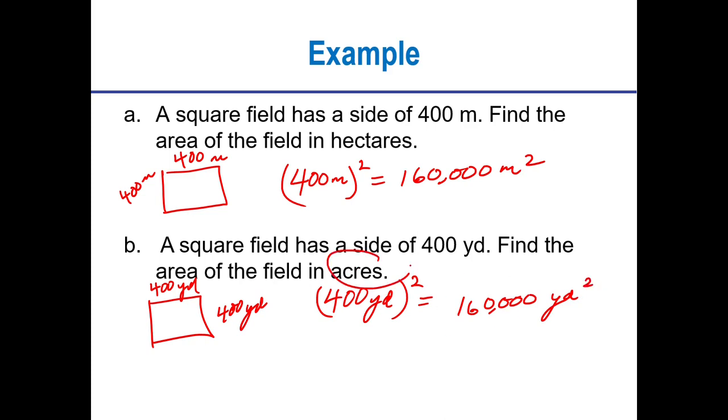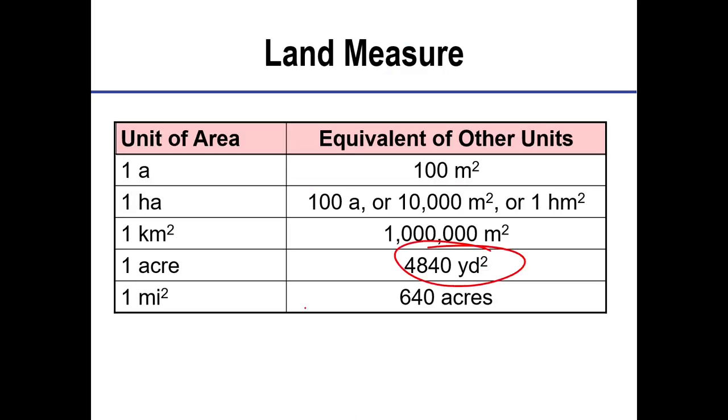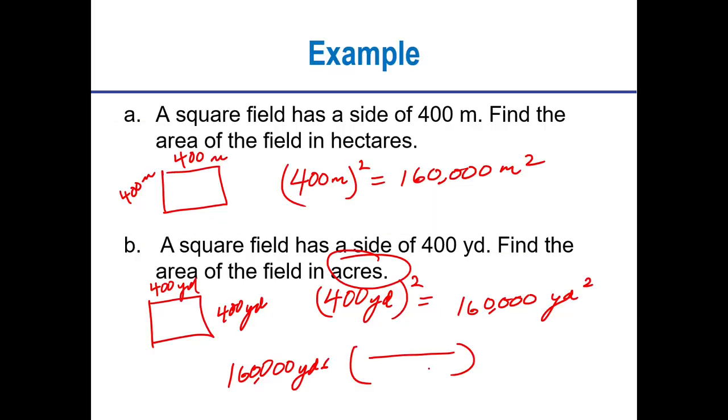But the question wants the area to be in terms of acres. We'll have to multiply 160,000 square yards by our conversion, and for that we'll go to our table. We know that 1 acre is equivalent to 4,840 square yards. So we'll use this for our conversion. I want the yards to be on the bottom, and I want the acres to be on the top.